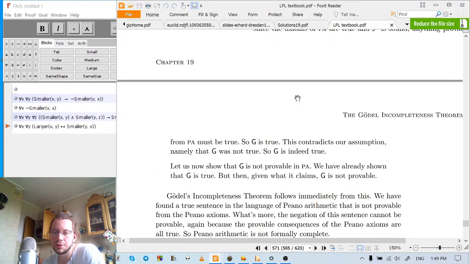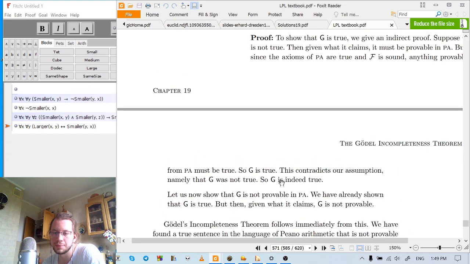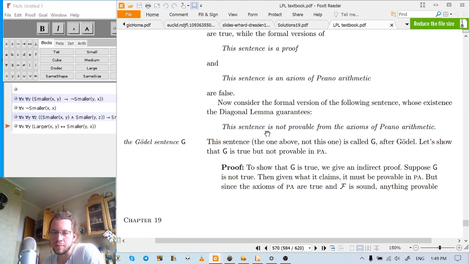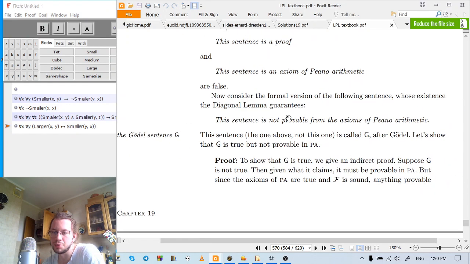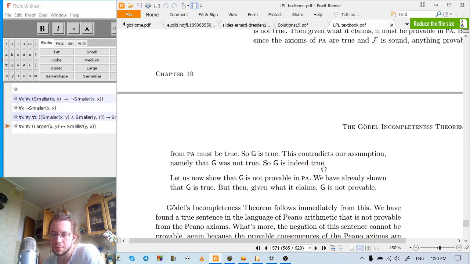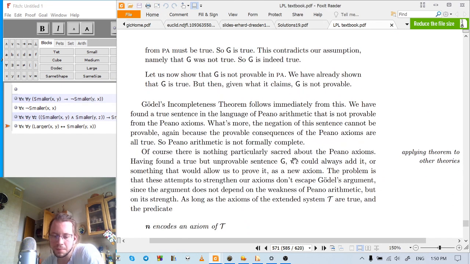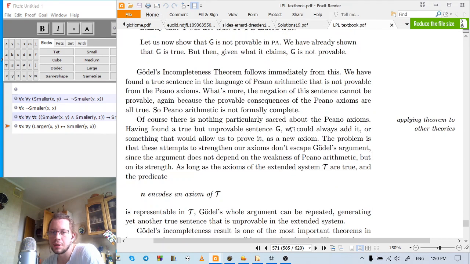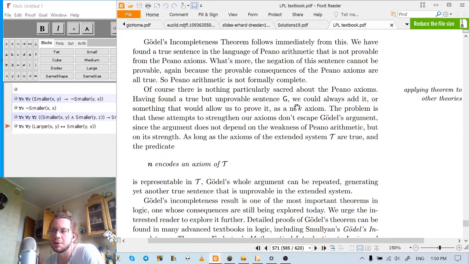Now let's show that it's not provable. As G is true, it asserts that it's not provable from the axioms of P&R arithmetic. Wow, what a marvel. I think I only need to get my mind around it. But anyways, Gödel's incompleteness theorem follows immediately from this.